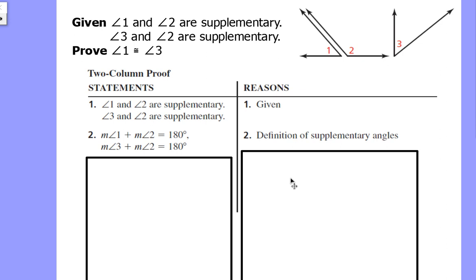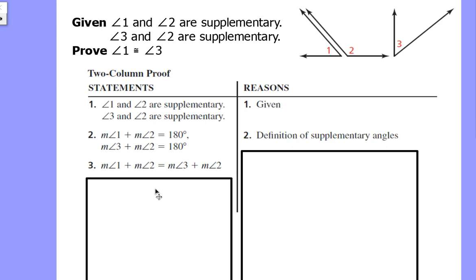Well, now take a look at what happens here. You have the measure of angle 1 and 2 equaling 180, but you also have the measure of angle 3 and 2 equaling 180. Well, if 1 and 2 equal 180 and 3 and 2 equal 180, that means 1 plus 2 and 3 plus 2 are the same value. So we can go ahead and say that 1 plus 2 equals 3 plus 2.